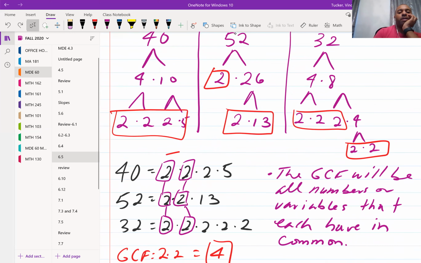So here, all I did was list the numbers as their prime factorization. So 40 was 2 times 2 times 2 times 5. 52, 2 times 2 times 13. 32 was 2 times 2 times 2 times 2 times 2.